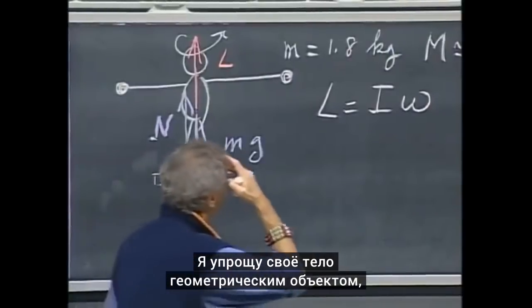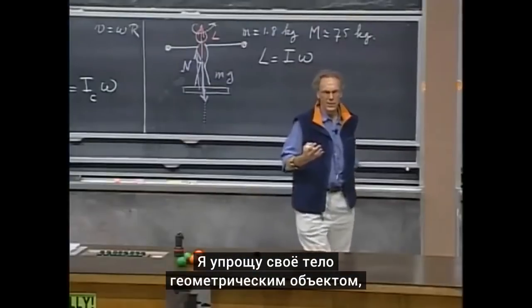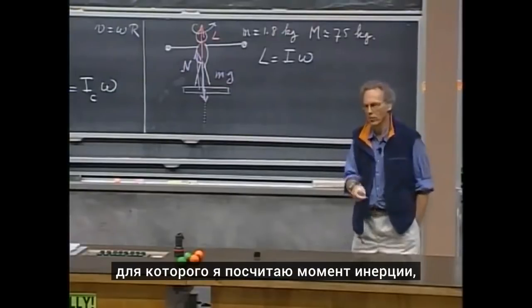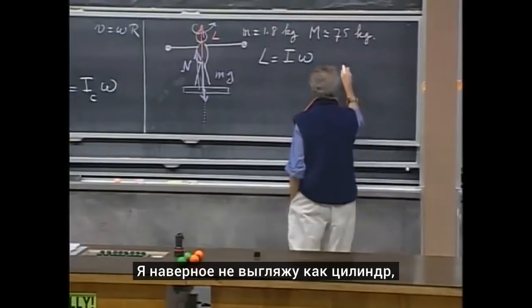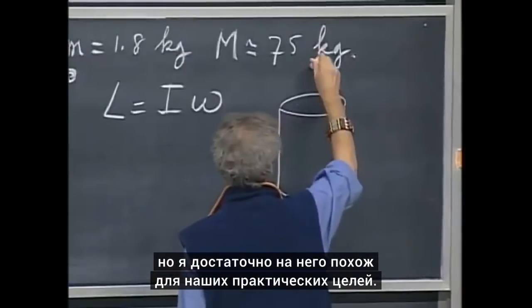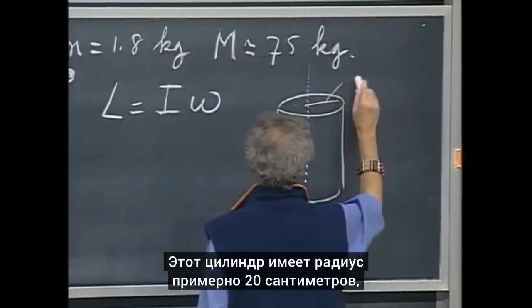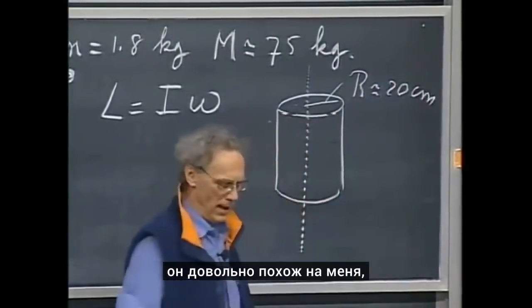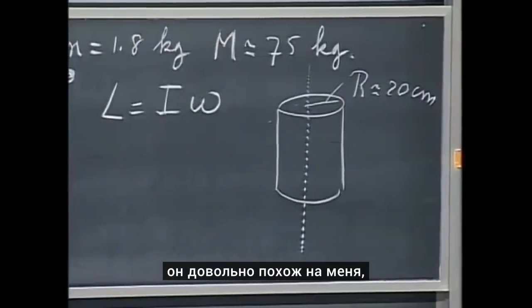I simplify my own body by a geometric object for which I can calculate the moment of inertia, which is a cylinder. I may not look like a cylinder, but close enough for all practical purposes. And this cylinder has a radius of about 20 centimeters. Not too bad. Sort of fits me.